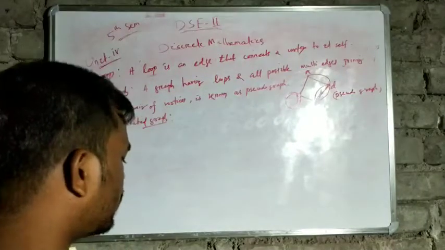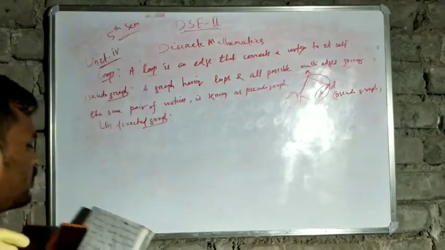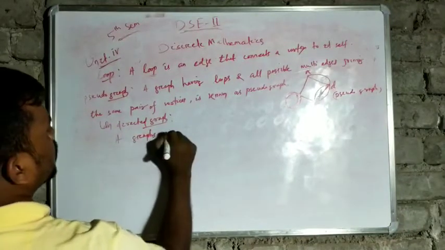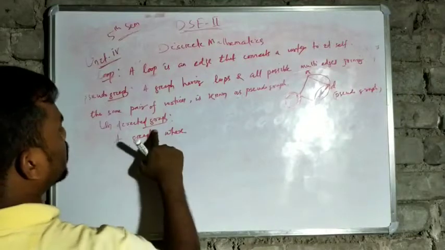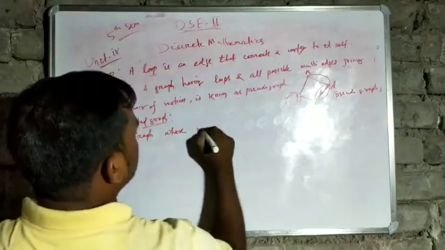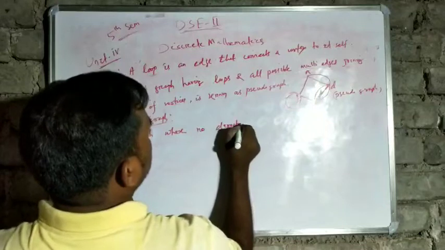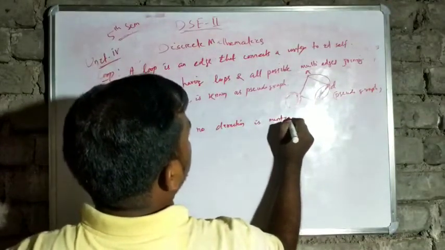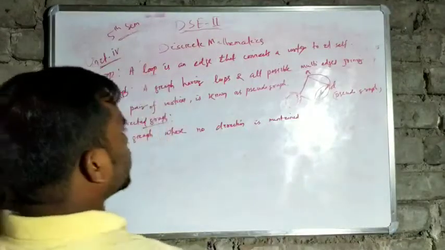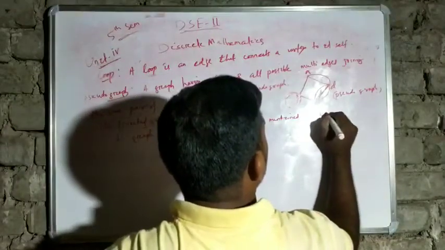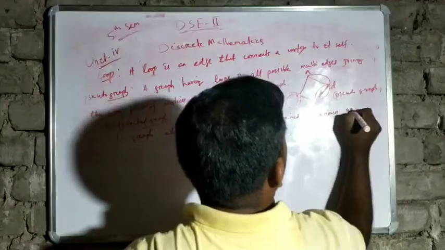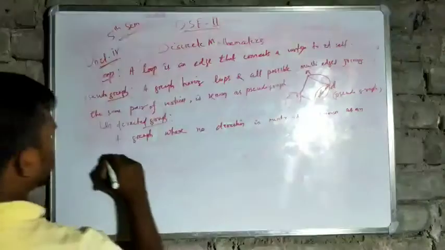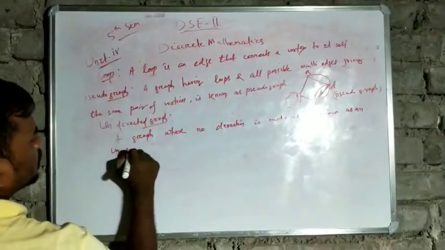So a graph having no direction mentioned, or a graph where no direction is mentioned, is known as an undirected graph.